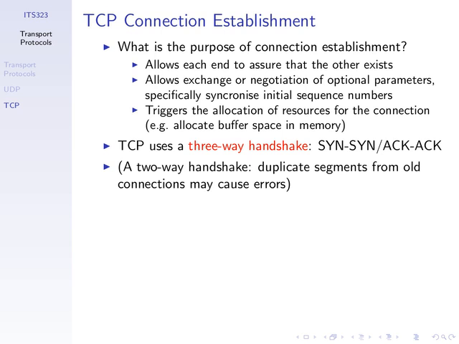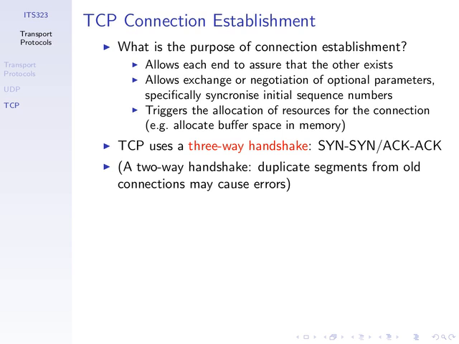How do we open or establish connections? First, what's the purpose? Why do we establish a connection? It allows each device or each application to know whether the other exists. That's very simple. If I try to connect to a web server and the web server is not up and running, then the connection will be unsuccessful. That's a very basic thing.